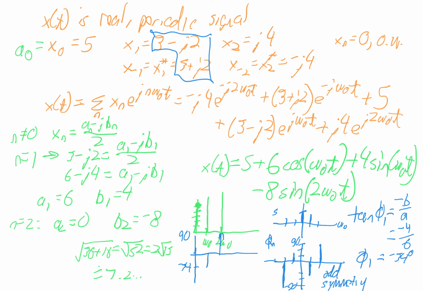And x of negative 1 is just the conjugate, so it'll have the same magnitude. And then this one here, at n is 2, is 4. So notice that the amplitude is split in half when I go into this exponential form. That was that division by 2 that we got here.